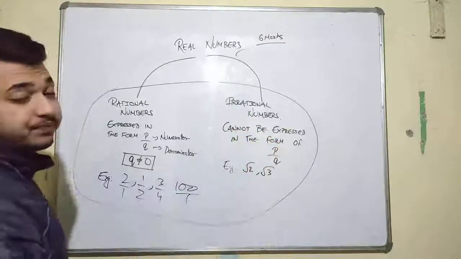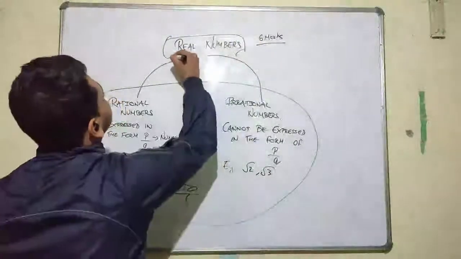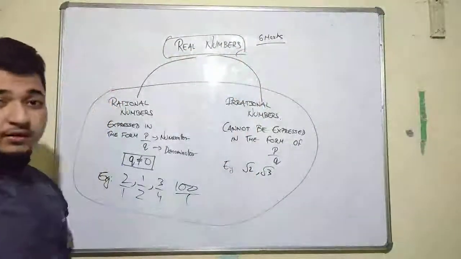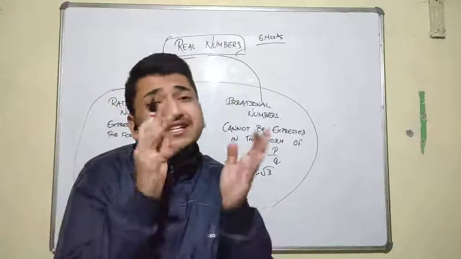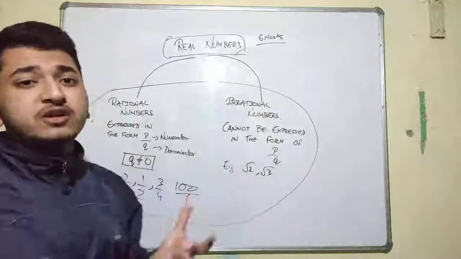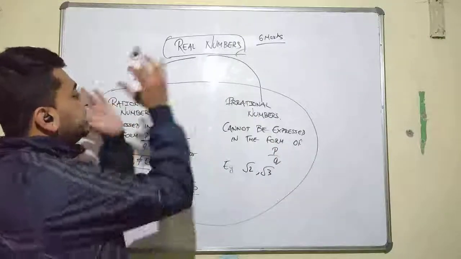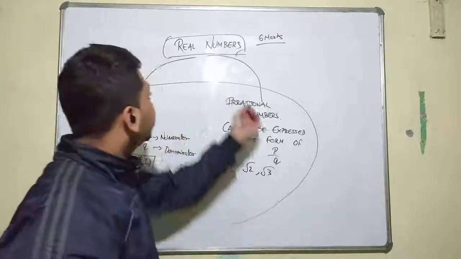So now, actually, what is a real number? How many types of real numbers are there? You will say rational and irrational. We can broadly classify it into rational and irrational. But it's not the perfect definition of a real number, right?